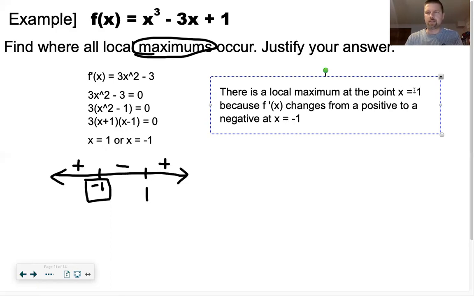When justifying a maximum, having that change from a positive to a negative is essential every single time. If you're trying to justify a maximum, f prime changes from a positive to a negative.